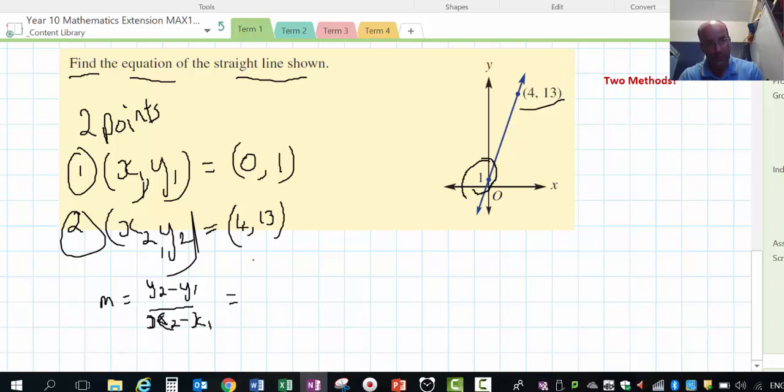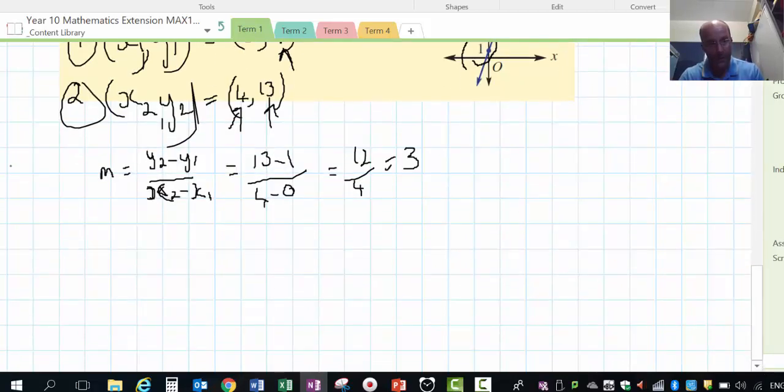So the y2 is 13, the y1 is 1, and the x2 is 4, the x1 is 0. So we've got 12 over 4, which is 3. Okay, so we've got a gradient.